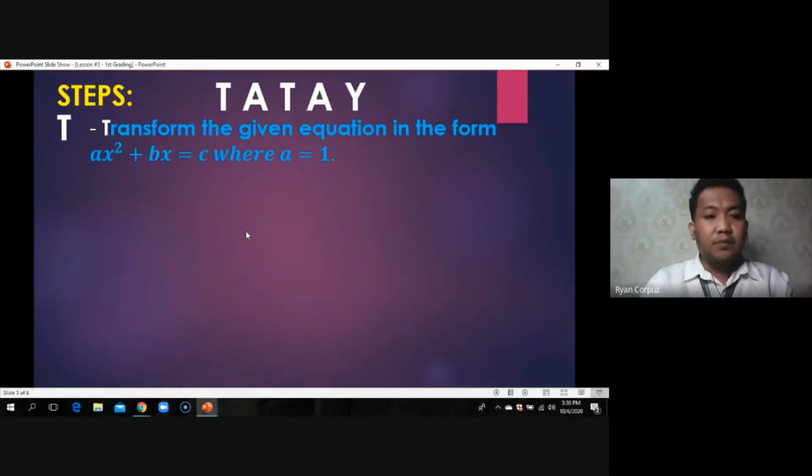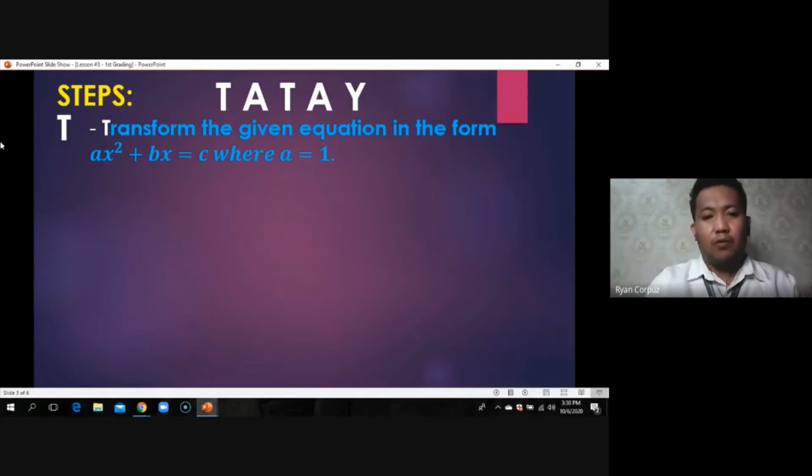Also, completing the square is a method being used when factoring is not available as a method in solving a certain quadratic equation. It's because if you cannot apply sum and product method or even AC method, then maybe completing the square will help us in solving that kind of equation.